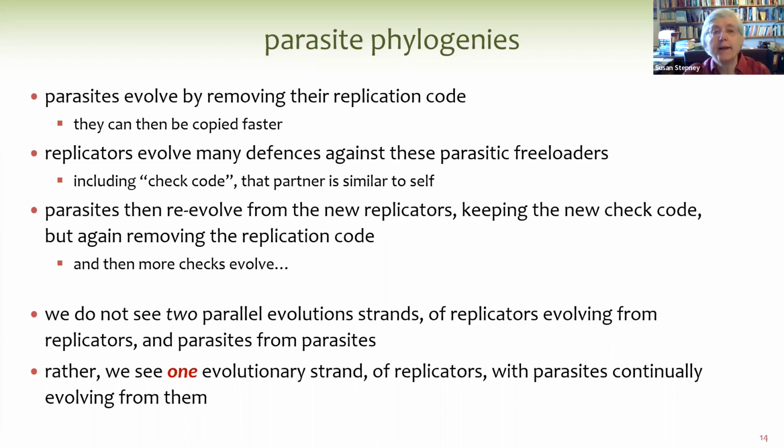What we see is one evolutionary strand of replicators with parasites continually evolving from them, the replicators evolving defenses against those parasites, which then die out, but a new set of parasites evolve from the new replicators so that they can incorporate their code and so on.